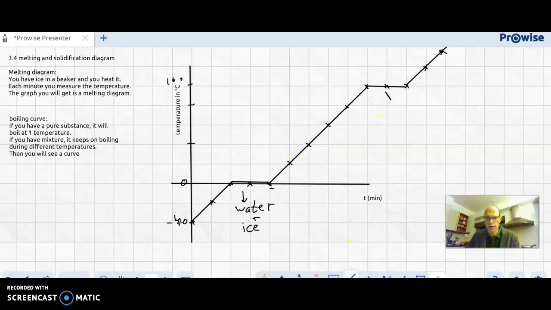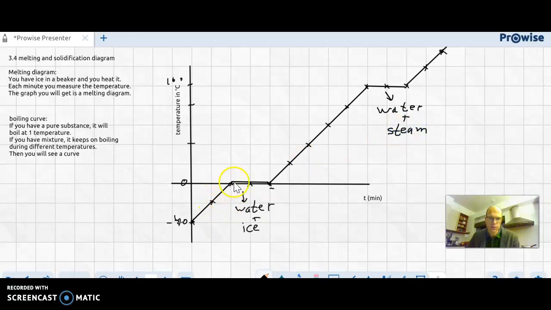And the other thing to note in a melting diagram is that we have different sections. We have water and ice over here, the first step when it's horizontal. And the second step when it's horizontal, we have water and steam.